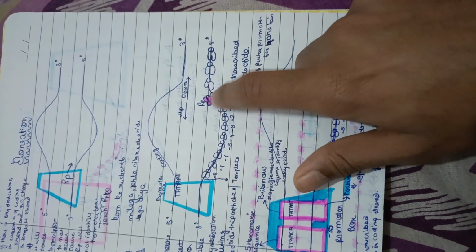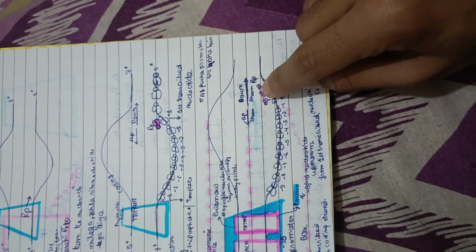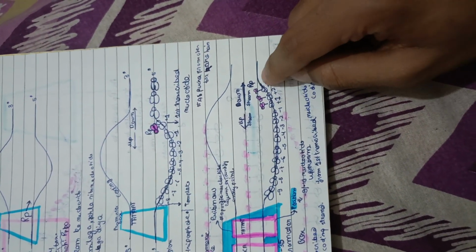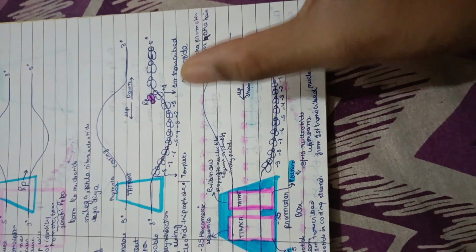After reaching and binding, it first finds where it wants to transcribe from, and then it transcribes this one, the first transcribed nucleotide of the mRNA. It first transcribes this nucleotide, and then it will transcribe like this. In the next step, it is transcribing in this position, +1 +2 +3, in this direction. Okay, so the direction in which the RNA polymerase transcribes the nucleotides is called the downstream.